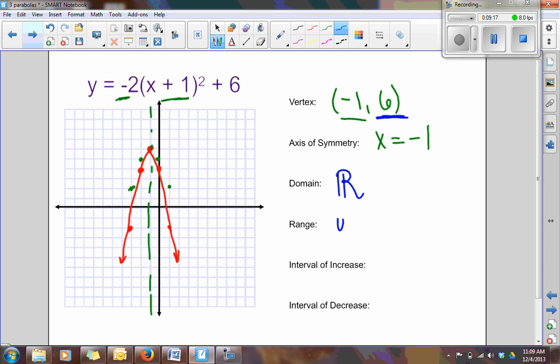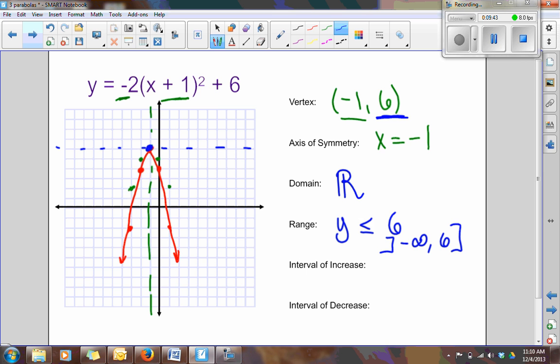So we know that y, the greatest that y can ever be is 6, right? Never goes above this. So y is less than or equal to 6, or you can write that in interval notation from -infinity to 6. And that includes 6. 6 is included in that.